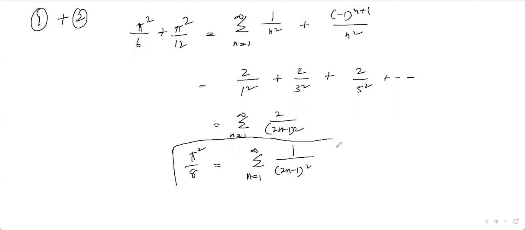So we got this also. So we got pi square by 6, pi square by 12, and pi square by 8 for the function which is x multiplied by 2 pi minus x.